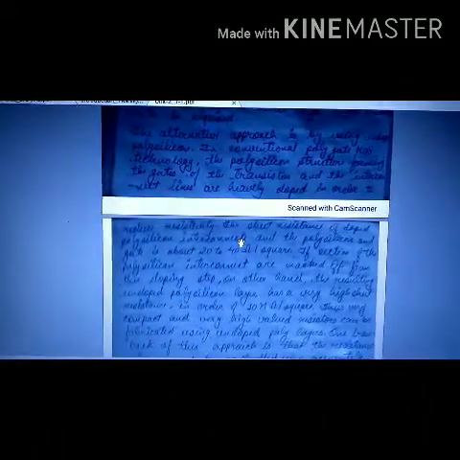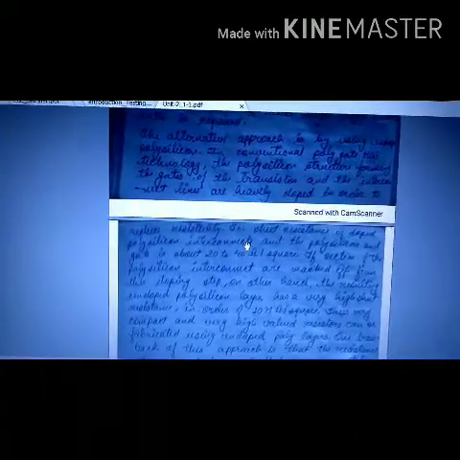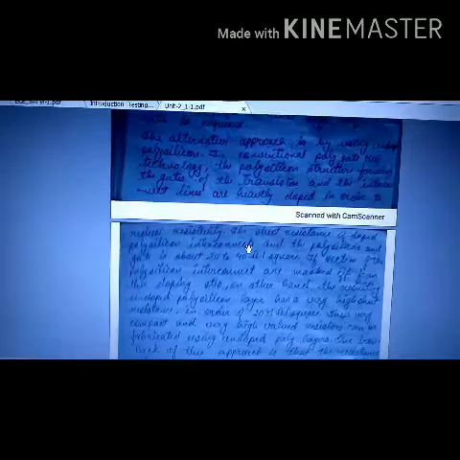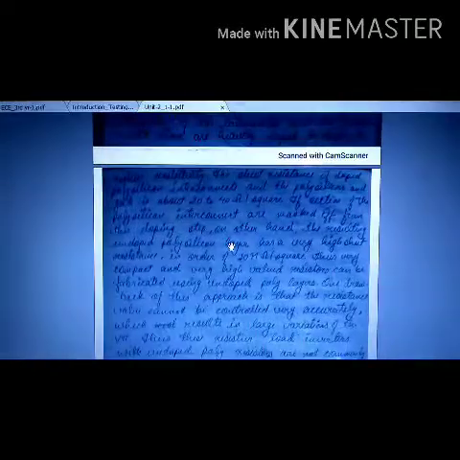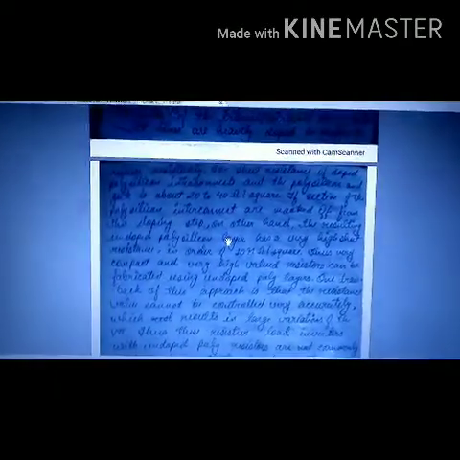The sheet resistance of the doped polysilicon interconnect and the polysilicon in the gate is about 20 to 40 ohm per square. If the sections of polysilicon interconnect are masked off from the doping step, the resulting undoped polysilicon layer, on the other hand, has a very high sheet resistance, in the order of 10 mega ohm per square.